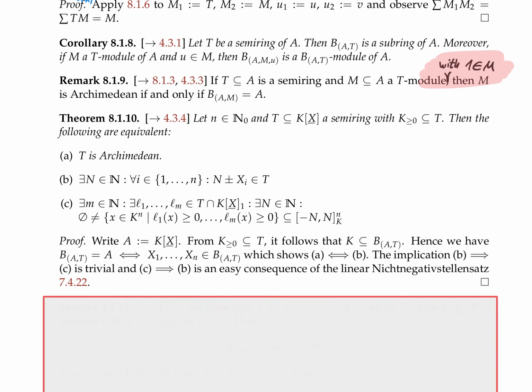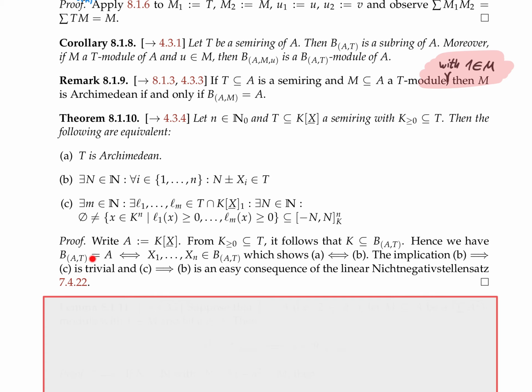So write A to be this polynomial ring. Because the non-negative elements from K are contained in T by hypothesis, it easily follows, because K was a subfield of the reals, that every element of K is arithmetically bounded with respect to T, and hence we have that B_A(T) equals A if and only if, because K is already in this subring, B_A(T) is a subring of the polynomial ring containing now already K. So it's the whole polynomial ring if and only if it contains every variable, of course.